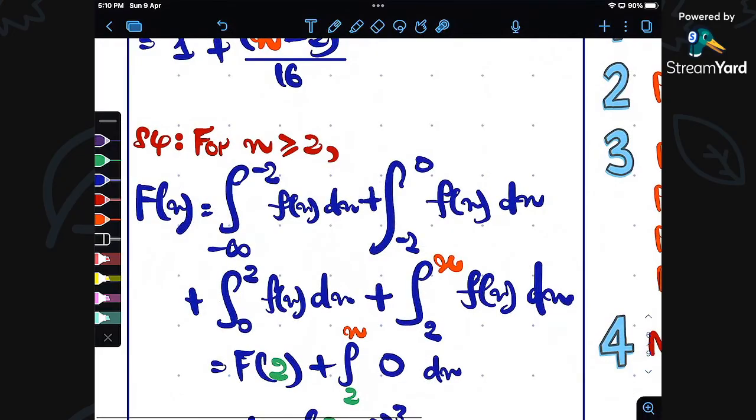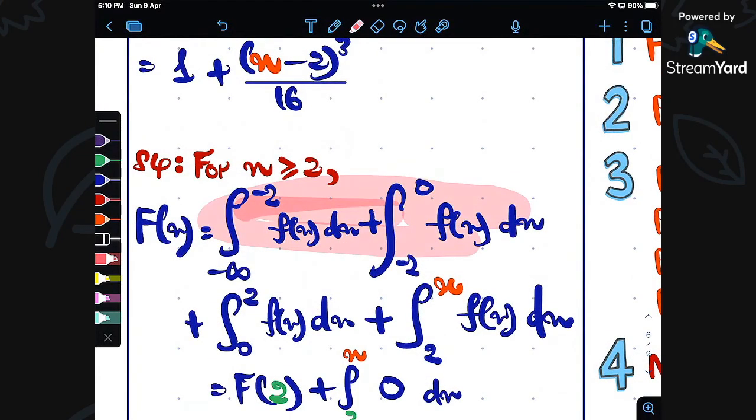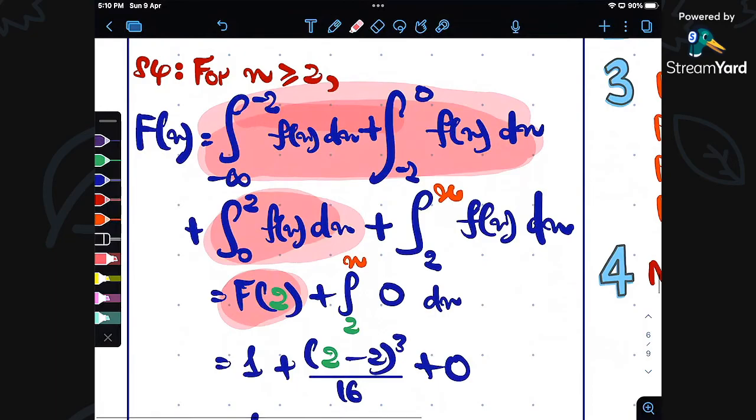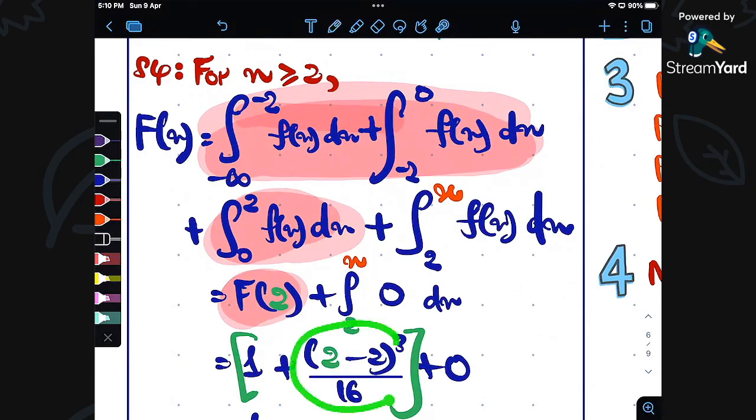The first 3 regions here are actually F(2), and I got my answer for F(2), which is 1 plus 2 minus 2, the whole thing cubed, divided by 16.